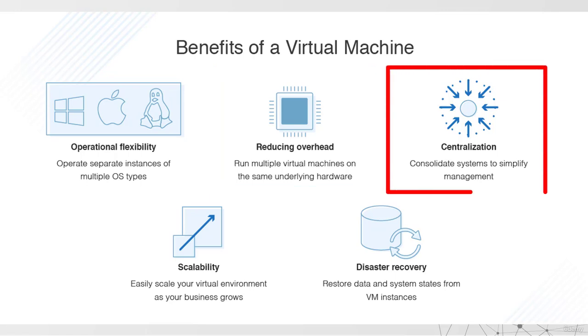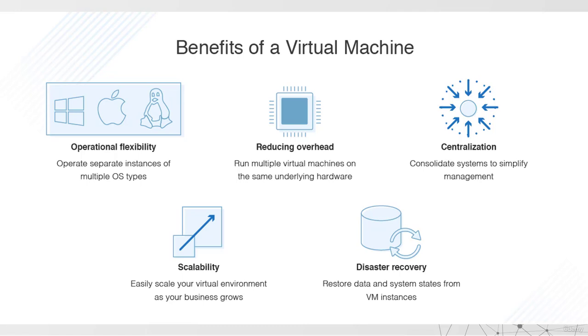Also, virtual machines in the cloud environment allow businesses to centralize their applications and data, and this central repository ensures that updates, patches, or changes are universally applied, reducing inconsistencies and ensuring everyone in the organization accesses the same version of software or data. So this centralization also streamlines IT management and reduces complexities.